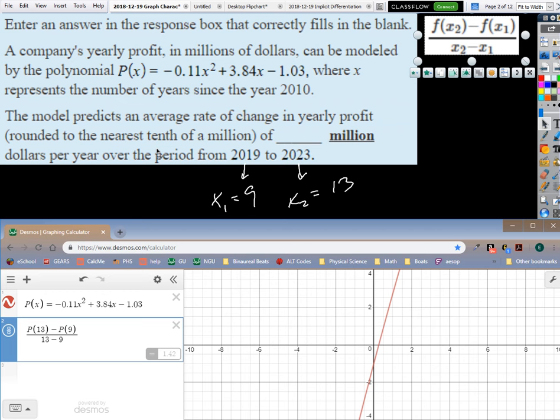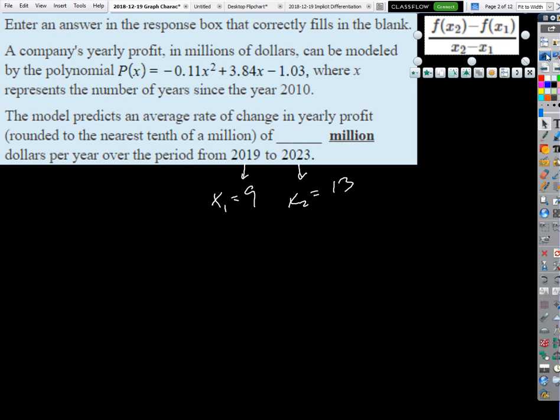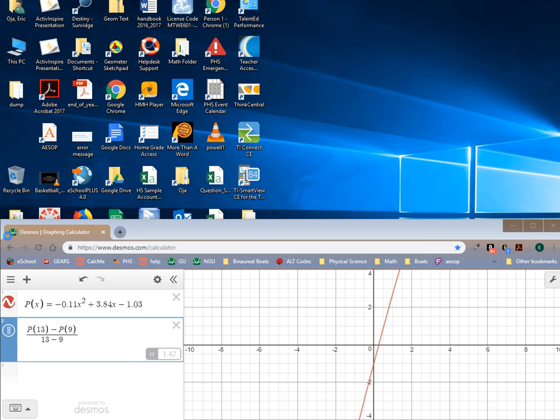We'll put that in the notes here. So if I take a picture.